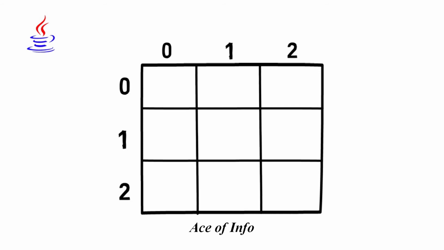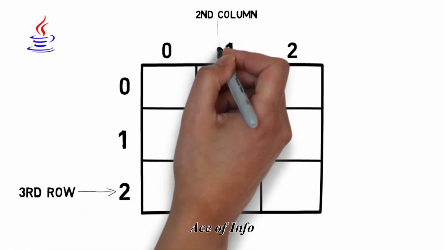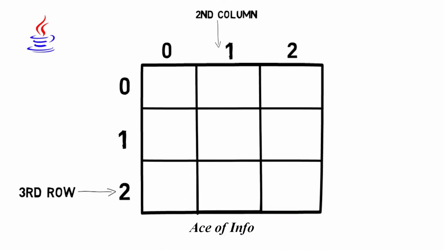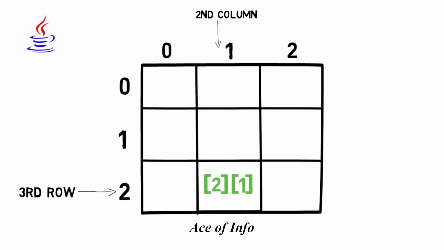Now if we want to call the student in the third row, second column, meaning this one, the index is 2, 1, because an array starts at index 0. Therefore when we go to the third row, the index is 2. And if we go to the second column, the index is 1. So this is the logic behind a two-dimensional array.